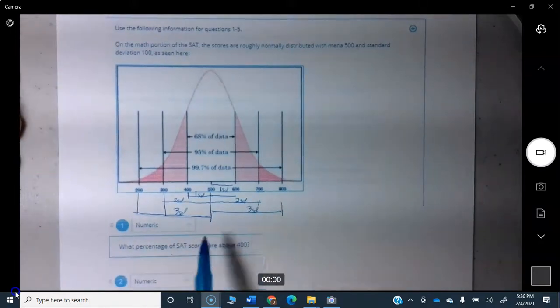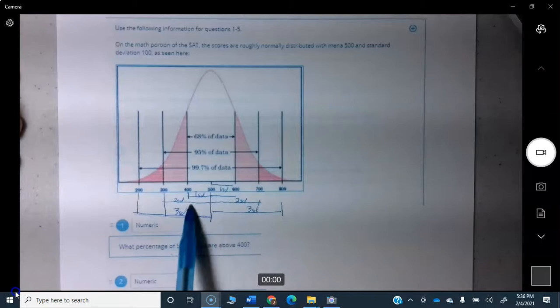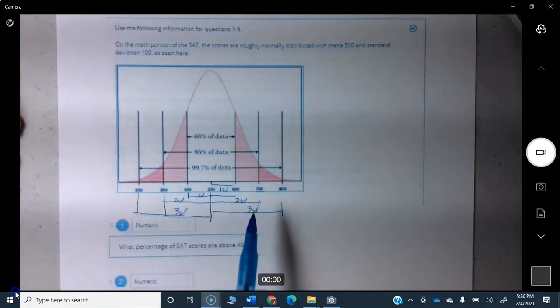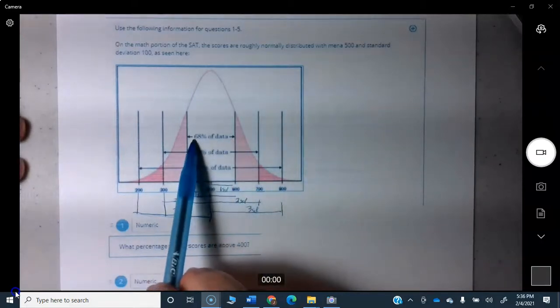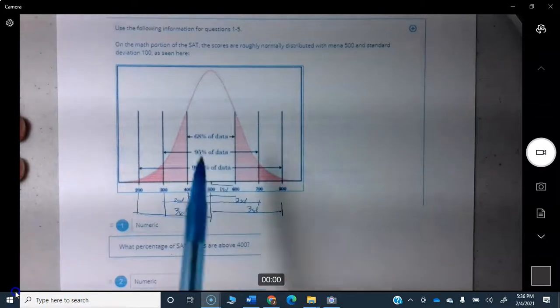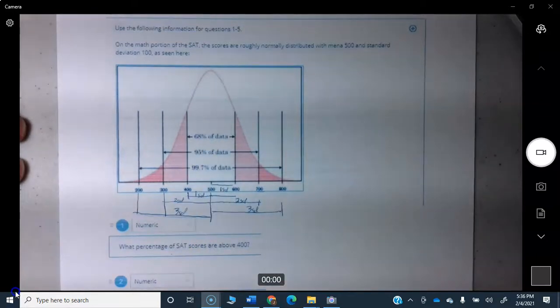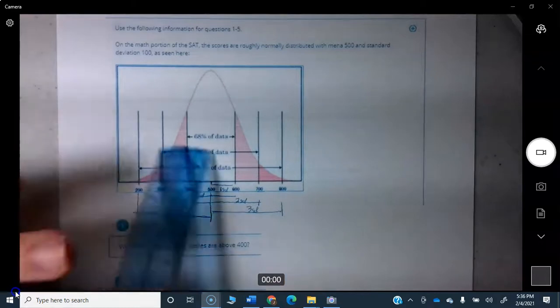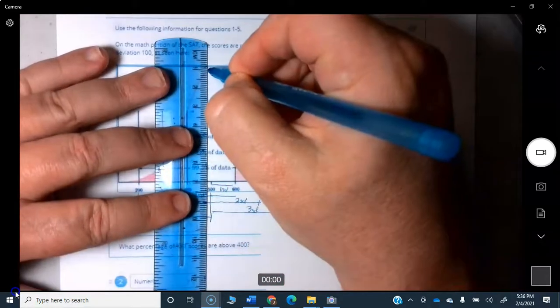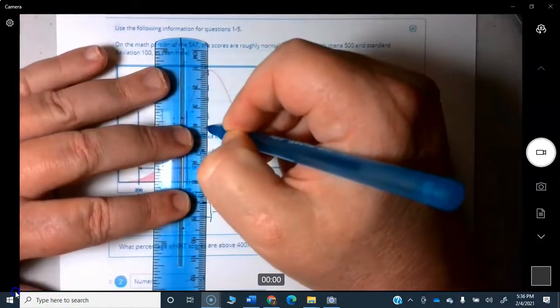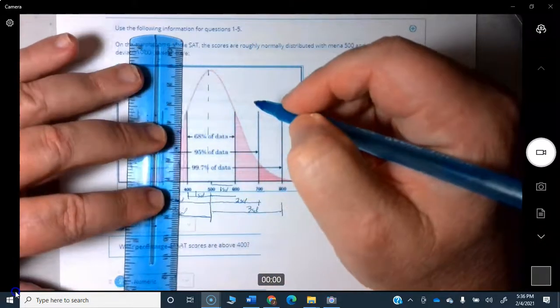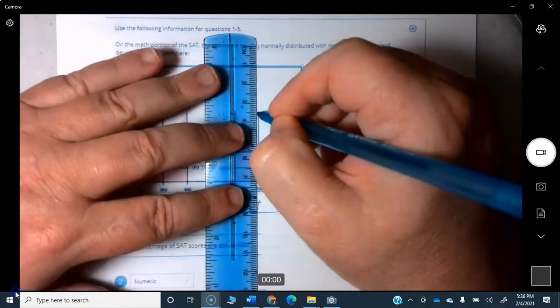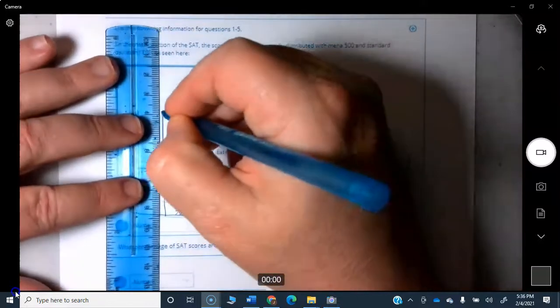Okay, so plus or minus one standard deviation, plus or minus two, plus or minus three. If you're within plus or minus one, it's 68% of the values. So it helps to cut that in half.